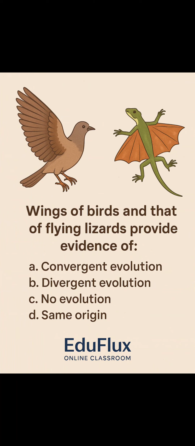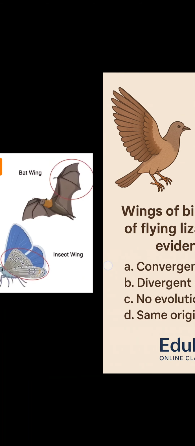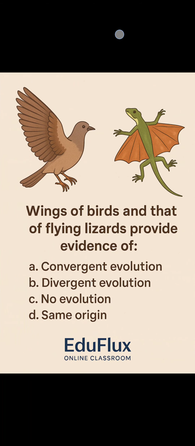So in convergent evolution, here I have explained that the wings of the lizard and the wings of the birds both have the same function but different origin. So the MCQ related to analogous and homologous is clear.